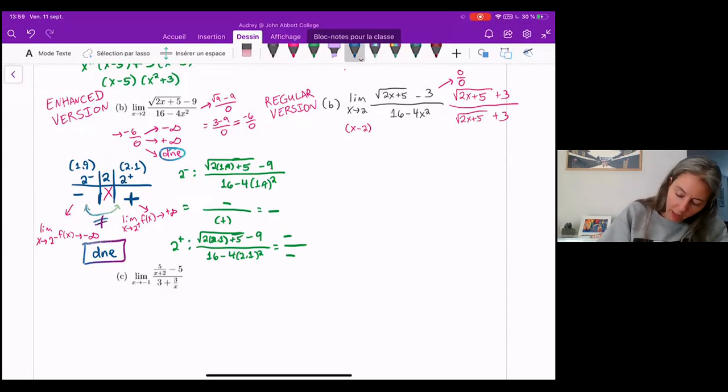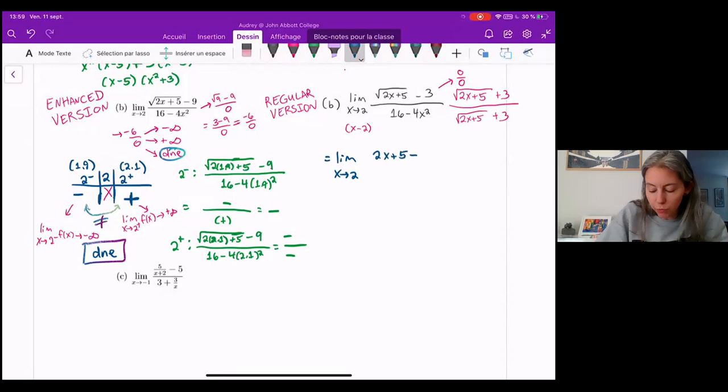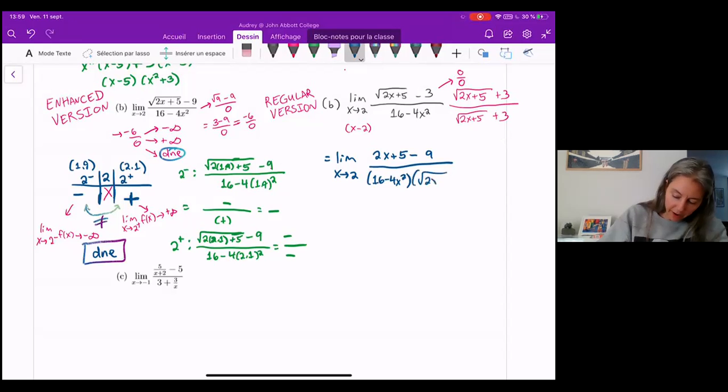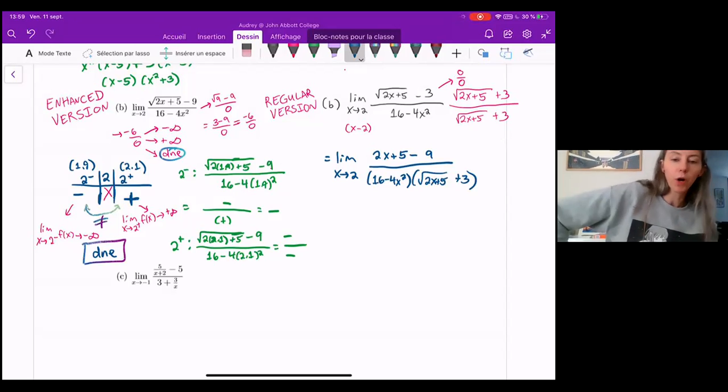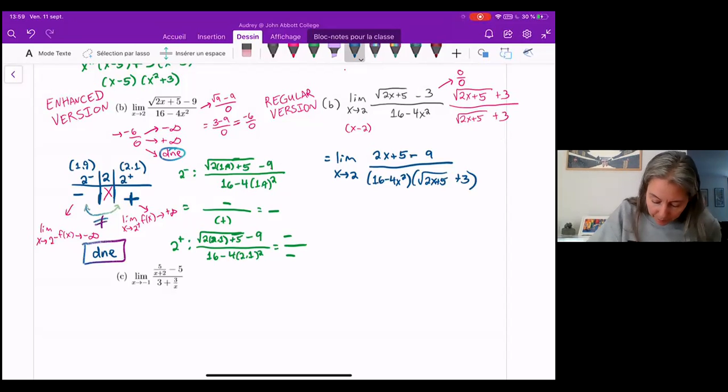So this then equals the limit as x approaches 2 of 2x plus 5 minus 9, over 16 minus 4x squared times root 2x plus 5 plus 3.